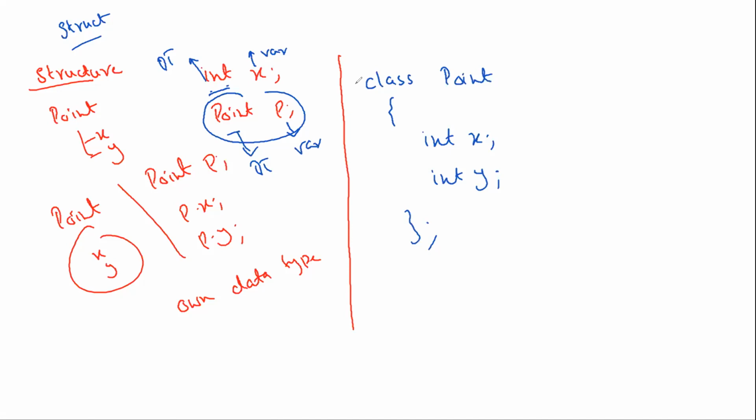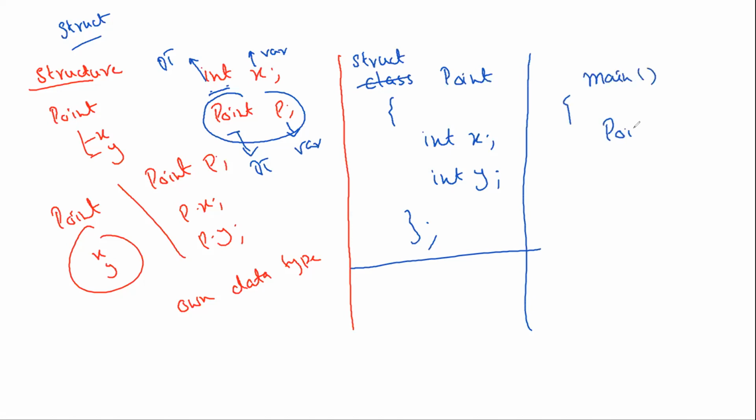For the time being, let's not write class, let's write it as a struct. Now this is a new data type. Within the main, you can write point p, and then p dot x gets the value 2 and p dot y gets the value 3, right? And then you can do whatever you want.